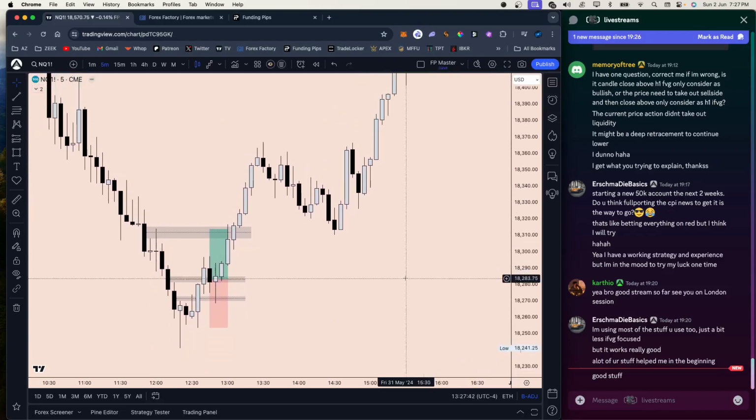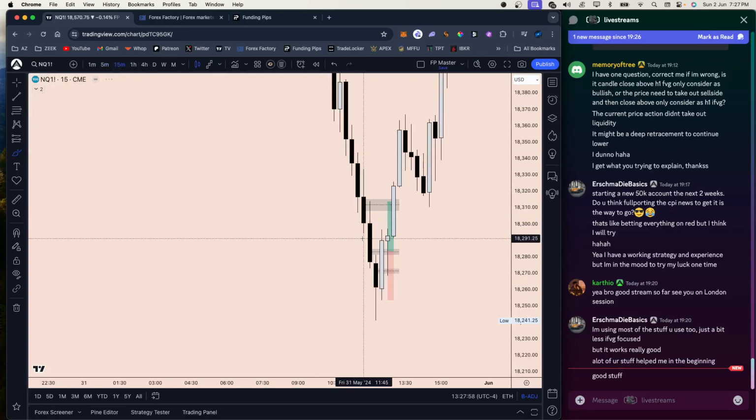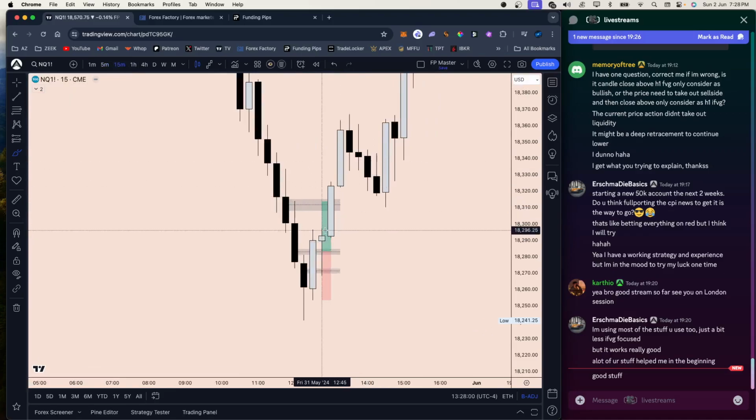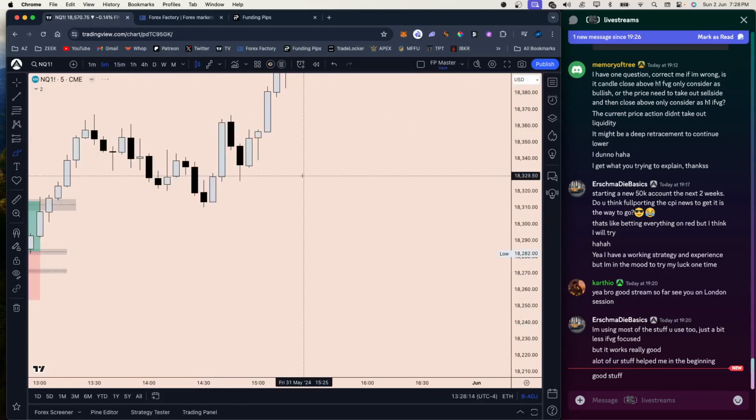Of course, the potential is always there that we could retrace and dump lower, but I'm not interested in that. I would wait for those two 15-minute bullish fair value gaps to be invalidated, and then I would start to look for shorts again. So I just use them as a tool to decide long or short.